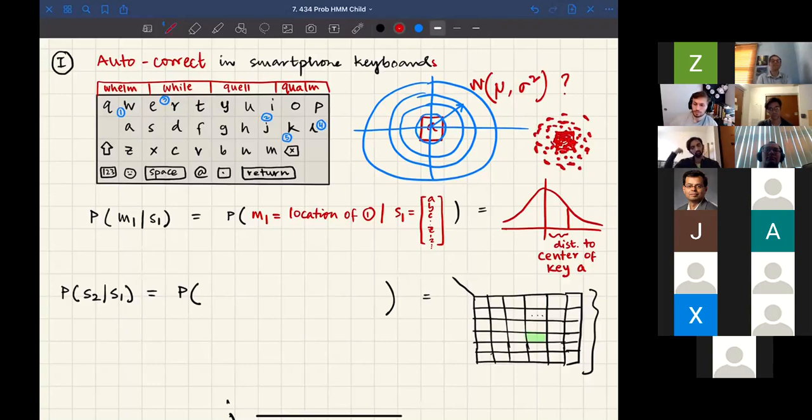That's your distribution. You get your mu and your variance from that. You use that mu and variance over here, and now you have this value. Very good.